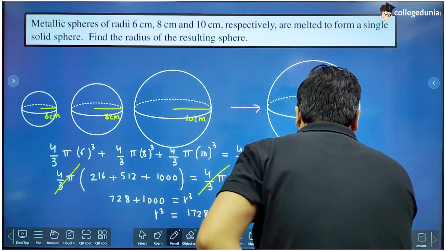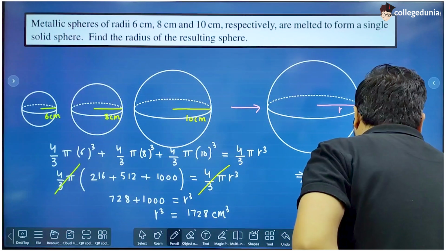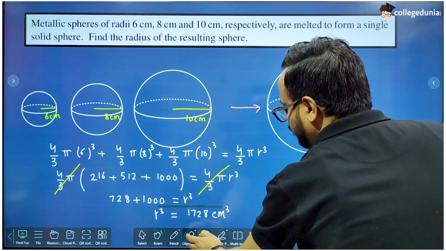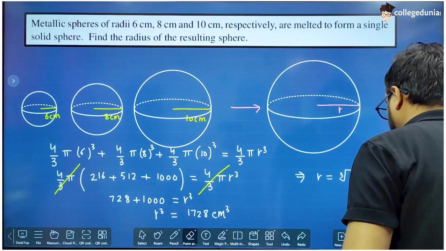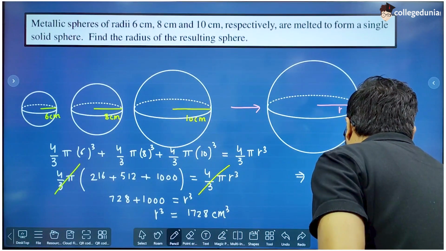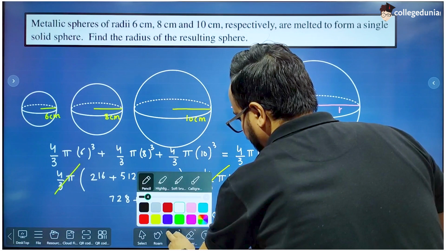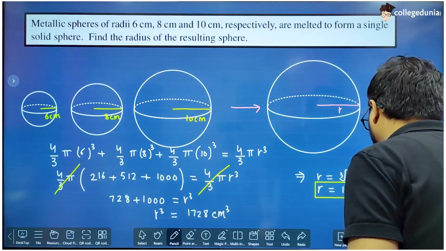So r is the cube root of 1728, which is 12. So the answer is the radius of this big sphere is 12 centimeter.